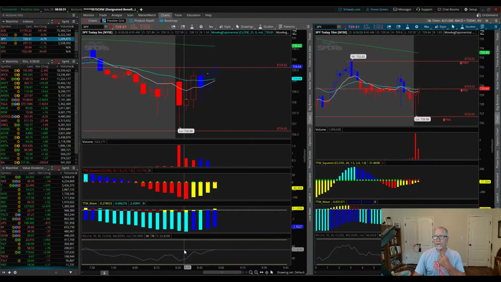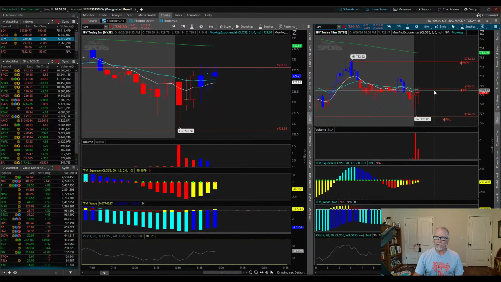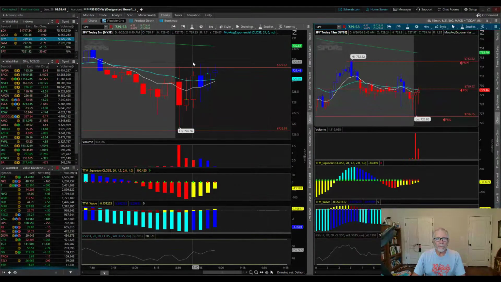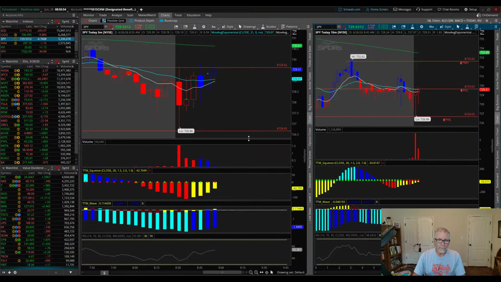The stock market right now is trying to break above the previous day's low. It's got to get above that. So it's basically going to have to close above 730, if you will, for some confirmation. 729.80 looks like about the high of the day, and so it needs to get up above that. It needs to close, for me anyway, on the 5-minute chart above 730.